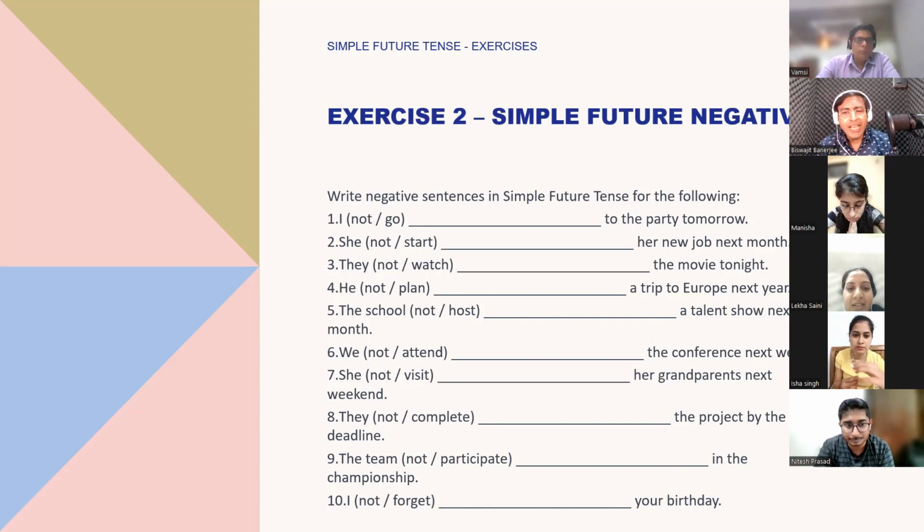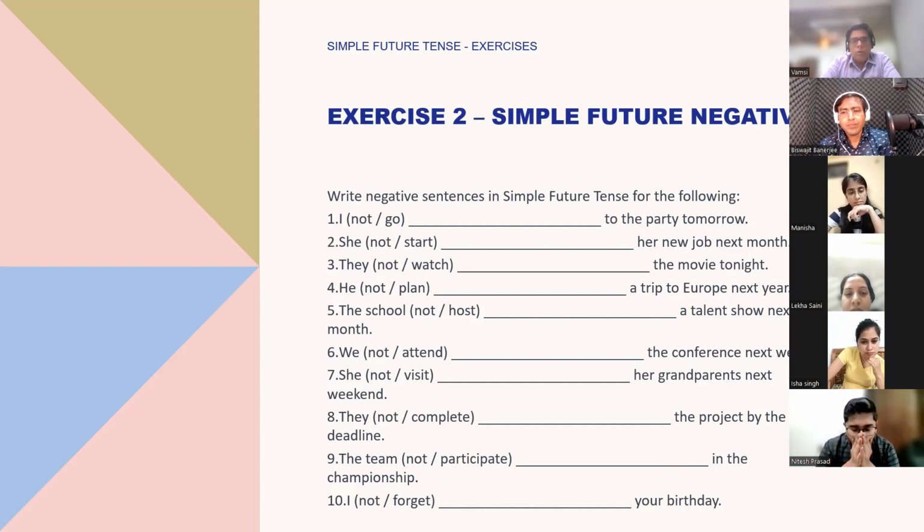Correct. Nitesh, she dash her new job next month. She will not start her new job next month. Correct. Pallavi, they dash the movie tonight. They will not watch the movie tonight. Correct. Seema, he dash a trip to Europe next year. We will not plan a trip to Europe next year. Correct. Vamsi, the school dash a talent show next month.